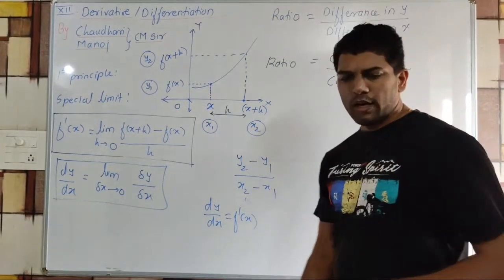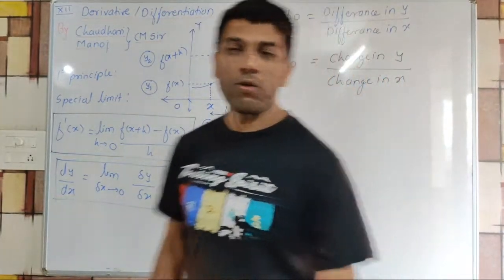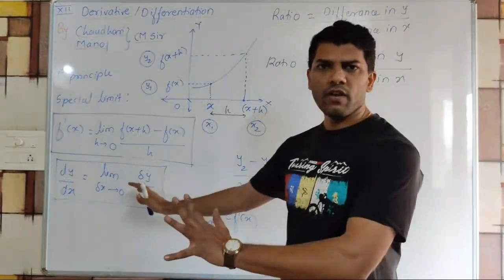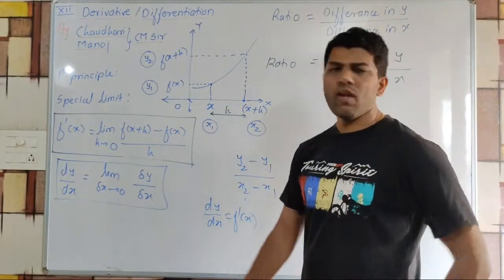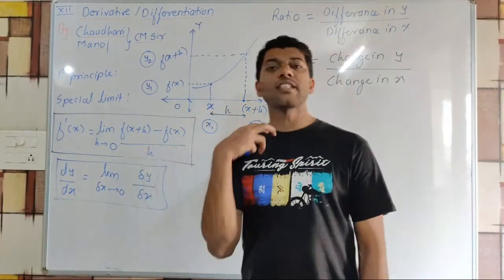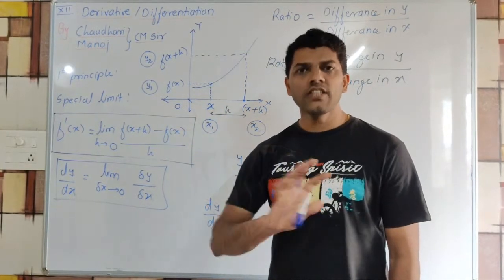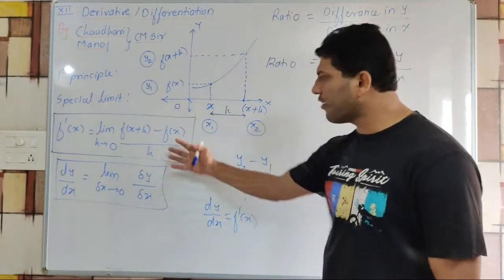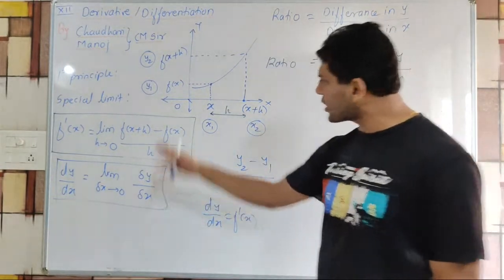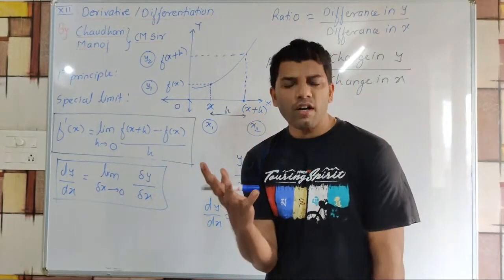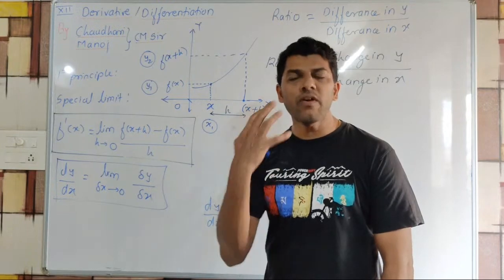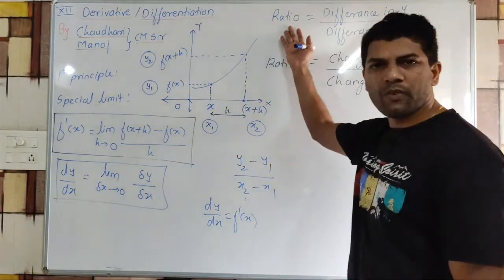Okay, so let me explain what exactly the derivative is conceptually. Theoretically we understood what the derivative is, or graphically we got some sense about it, but this is very theoretical. Till this point, what we got is: what is a derivative?